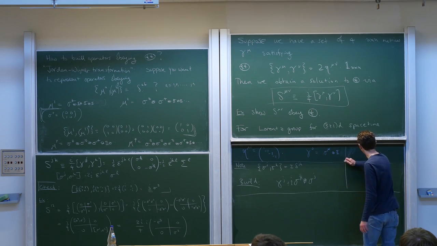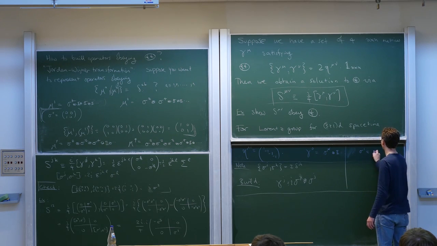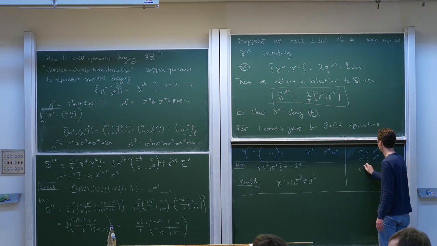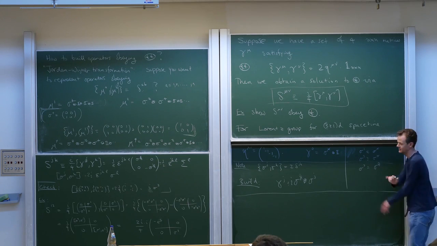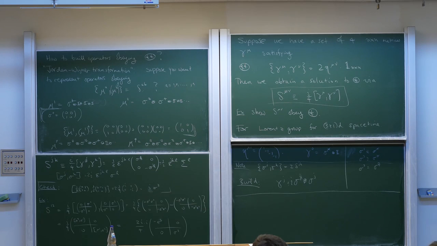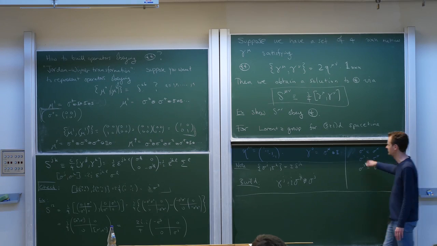So I'll write that here. Sigma 1 is sigma x. Yeah. This is quantum information notation. This is high energy notation here. So that's why I'm slipping between the notations without noticing it.